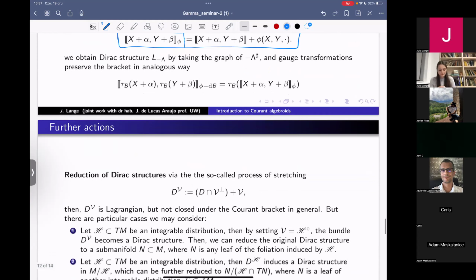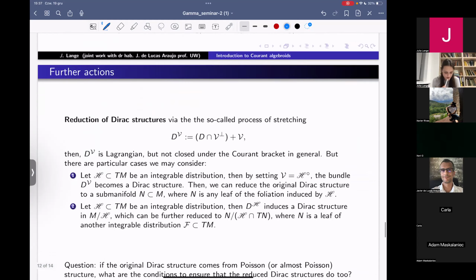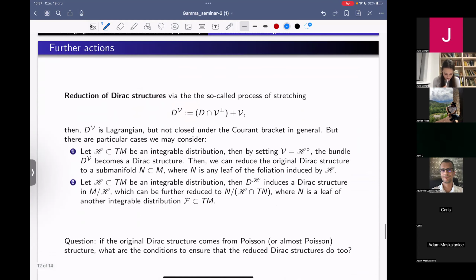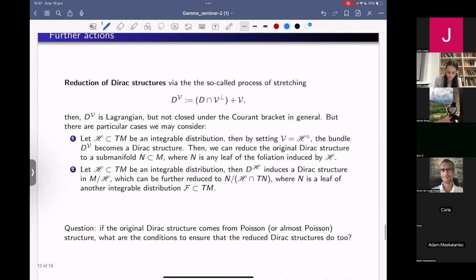Now I would like to discuss some further actions we can do with Dirac structures. For example, the reduction, which is of course very important in physics and all applications.